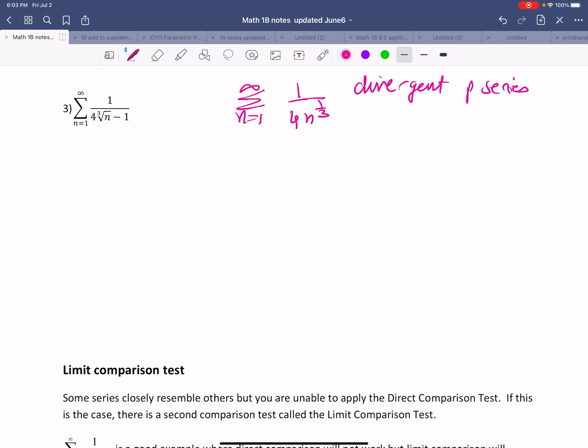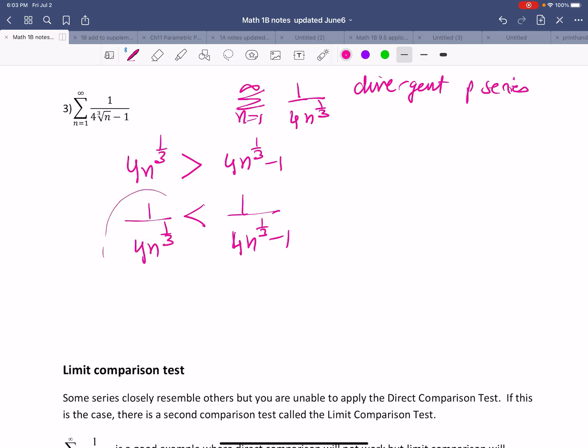So let's compare: 4 n to the power 1/3 is greater than 4 n to the power 1/3 minus 1. And if I go ahead and do the reciprocal, 1 over 4 n to the power 1/3 is less than 1 over 4 n to the power 1/3 minus 1. So my sign would switch. So I do have a smaller series that diverges. That means it's going boundless.